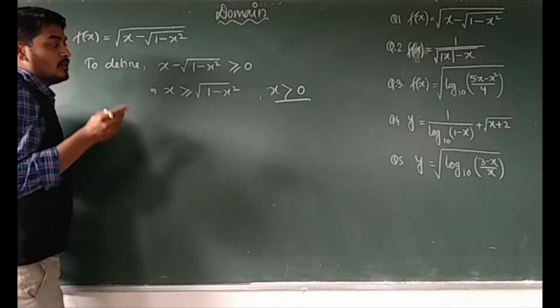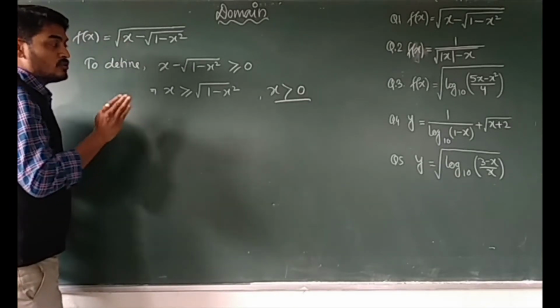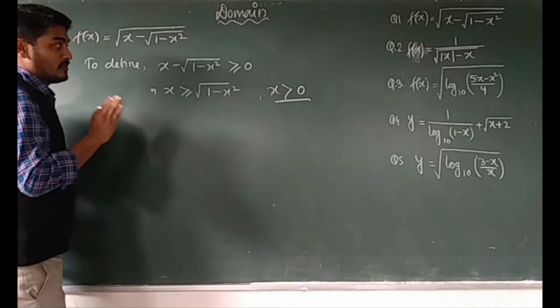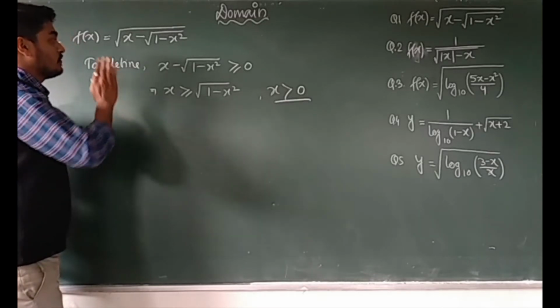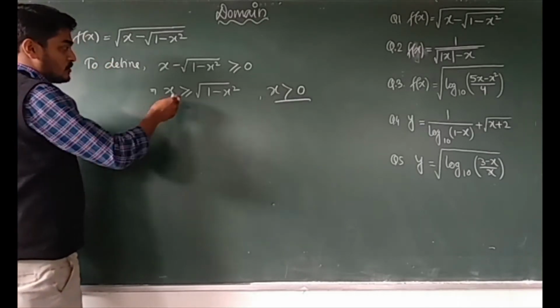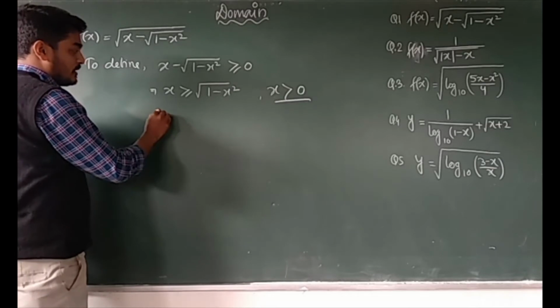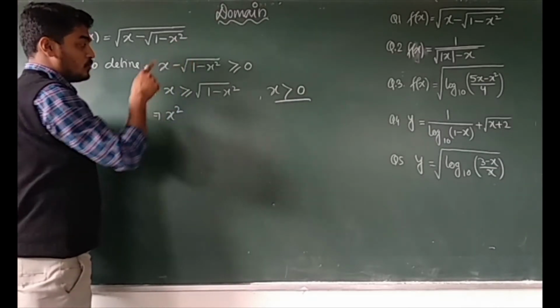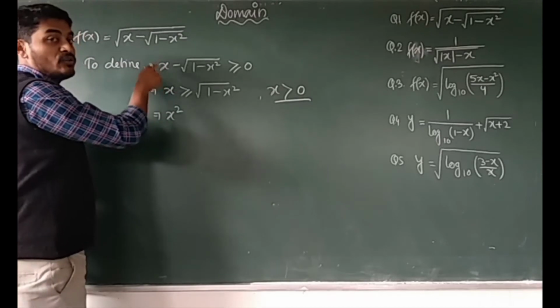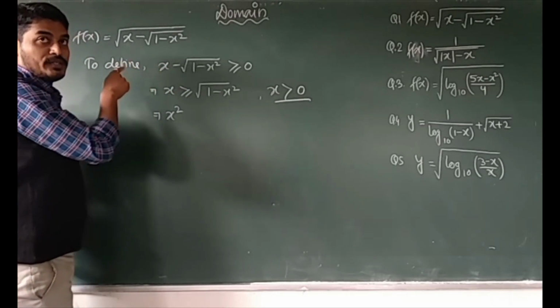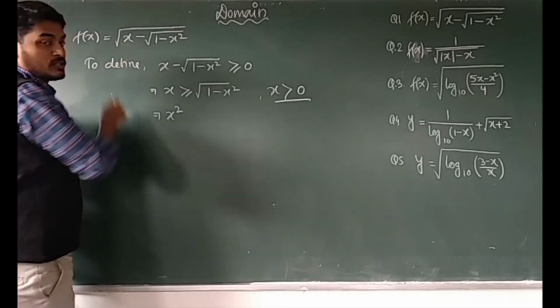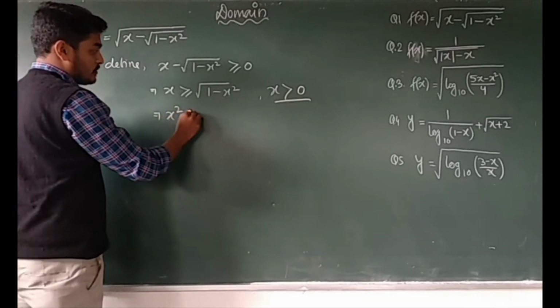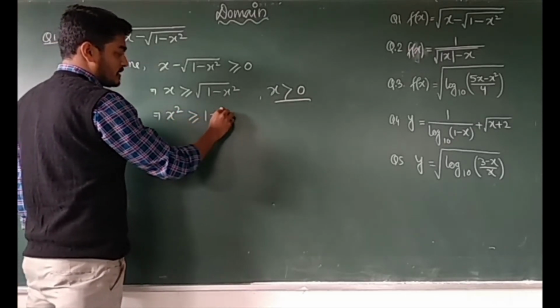We have to remember all those conditions which will be required to find the domain, or under which the function will be defined. So squaring both sides, as we have to find the possible values of x for which the function will be defined, x square should be greater than or equal to 1 minus x square.